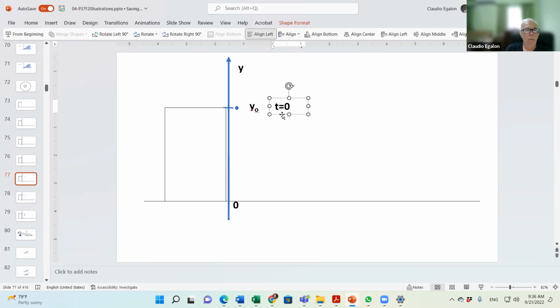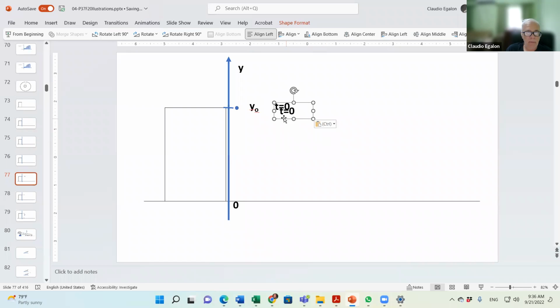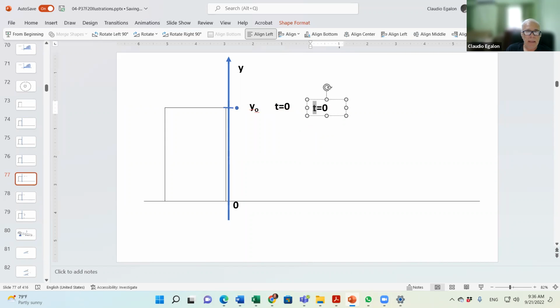I said that I release the stone. What does it mean? I release the stone from the top of the building. It means that the initial velocity of the stone is 0. So you have all those pieces of information that you have to collect before you can solve the problem.